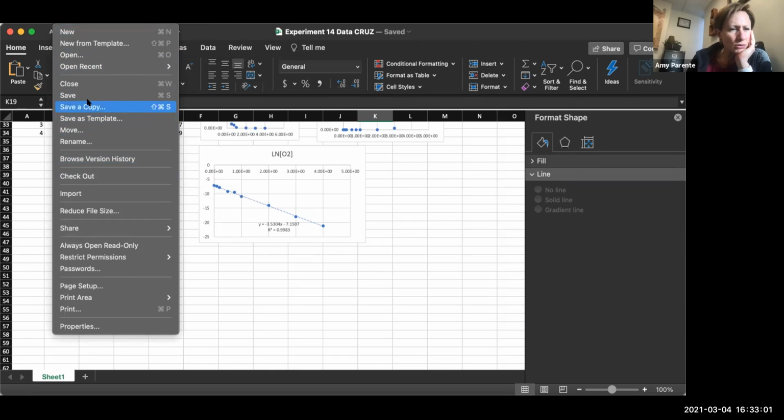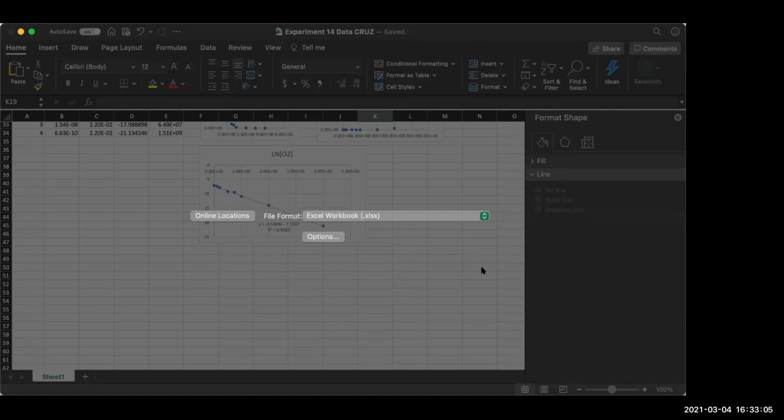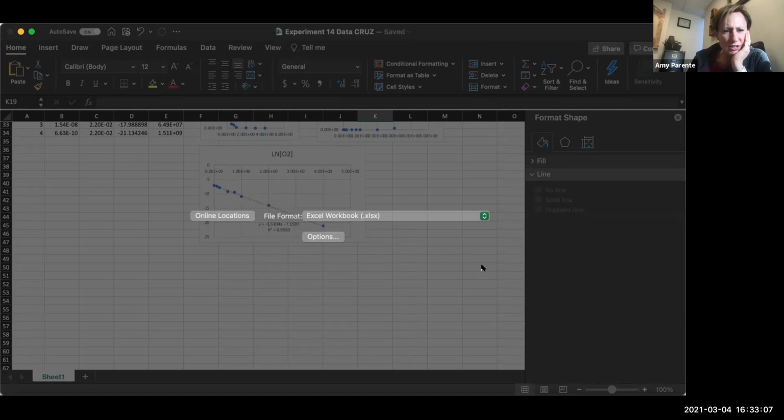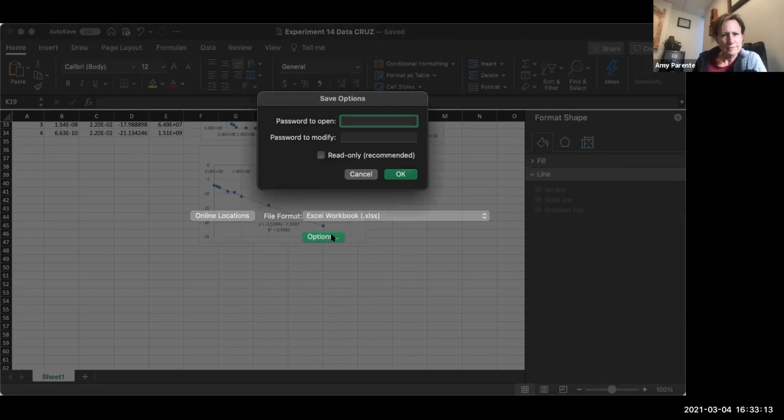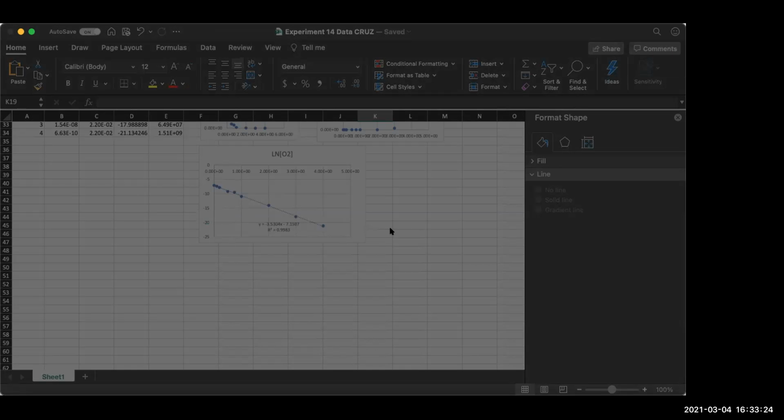What does that allow you to do? Yeah, I think under options, so if you click on options, that might allow you to choose. Nope, that's not it. What if you click on online locations? Okay, that just moved it to my Mac then.